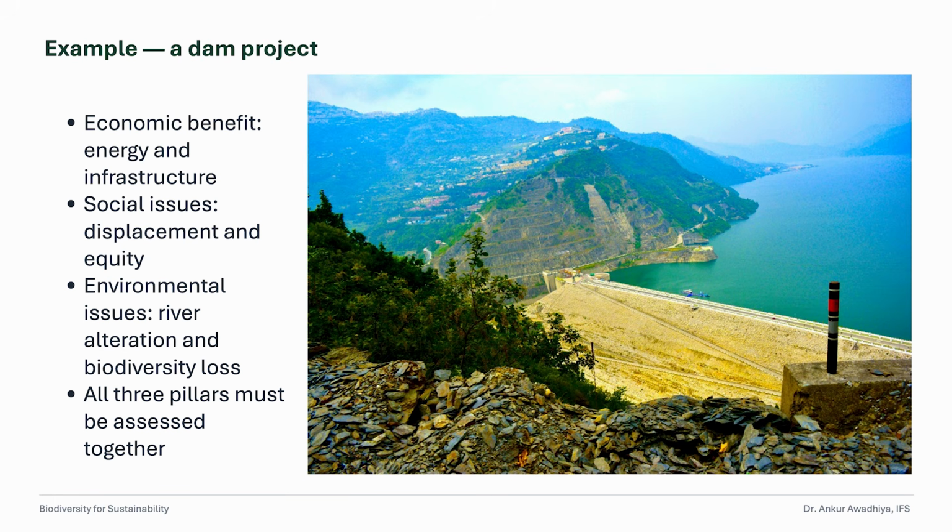Environmentally, it may alter river flow, affect sediment movement, fragment habitats, and reduce biodiversity. The image of the dam helps us see the scale of intervention that is involved. The key lesson is that all three pillars must be assessed together. A decision cannot be justified only by the electricity it produces.